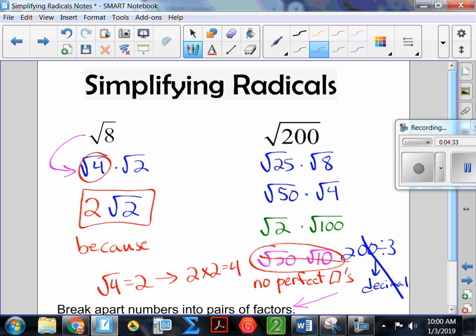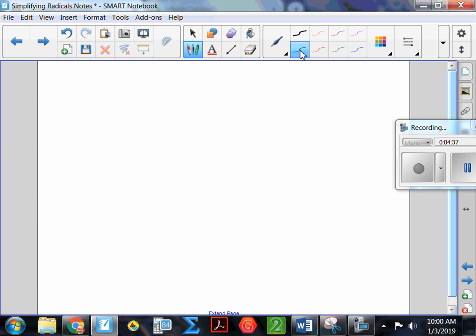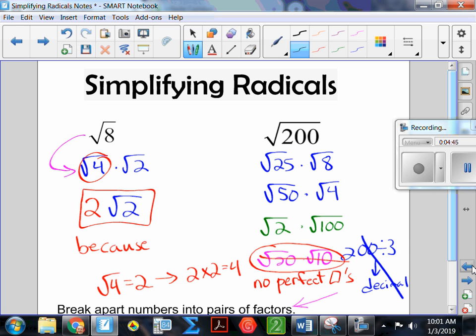I want to go to a new slide and start over with 200. Square root of 200 can be broken down different ways. When it can be broken down different ways, we have the 25 and the 8, the 50 and the 4, the 2 and the 100. The strategy we talked about in class is to look for the largest perfect square.